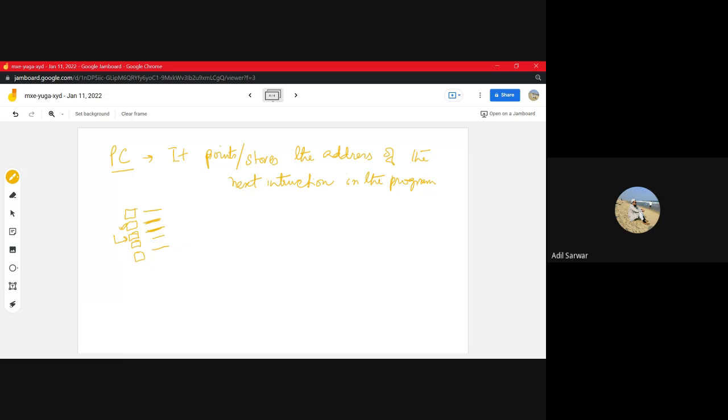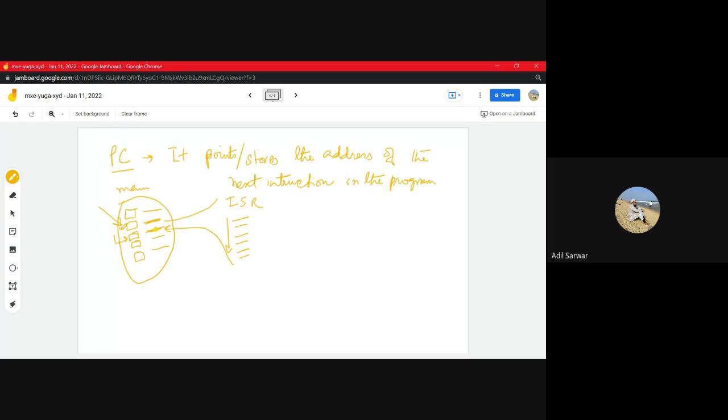Whenever there is an interrupt while you are executing the program, as I had told you, the control moves from the main program to the interrupt service routine, and there the subprogram is executed and the control shifts back to this next instruction.